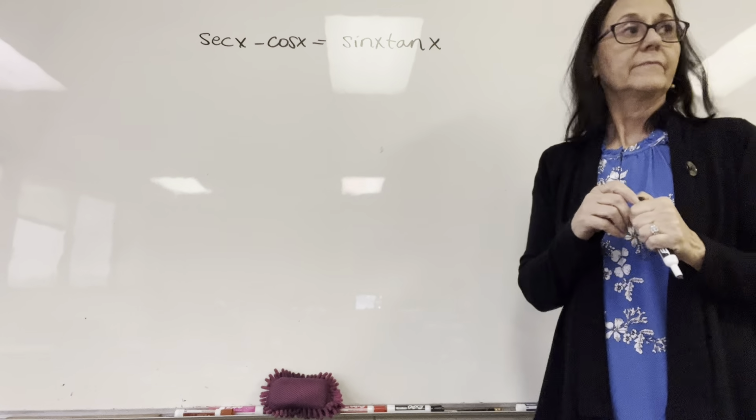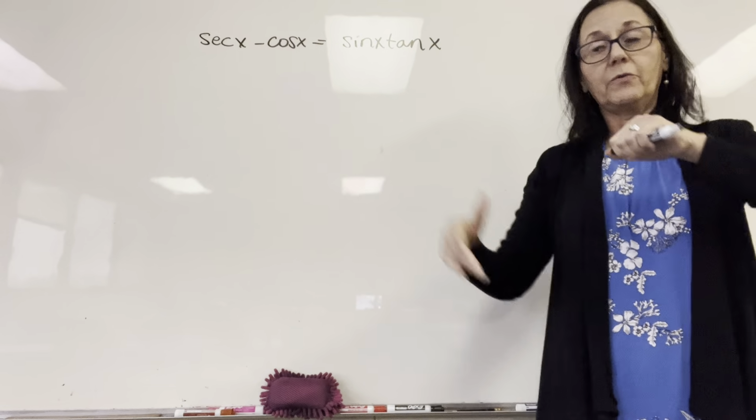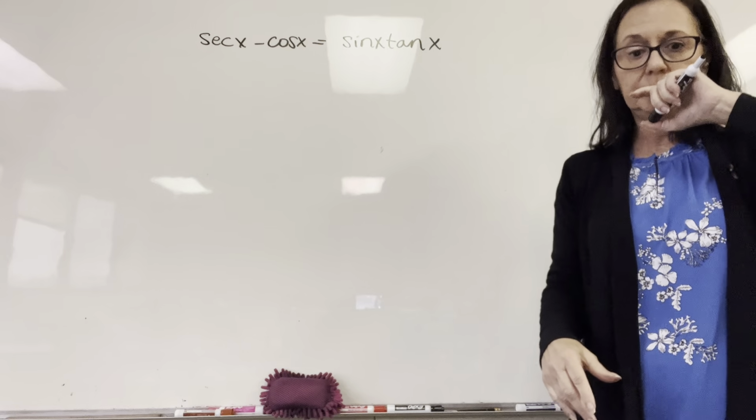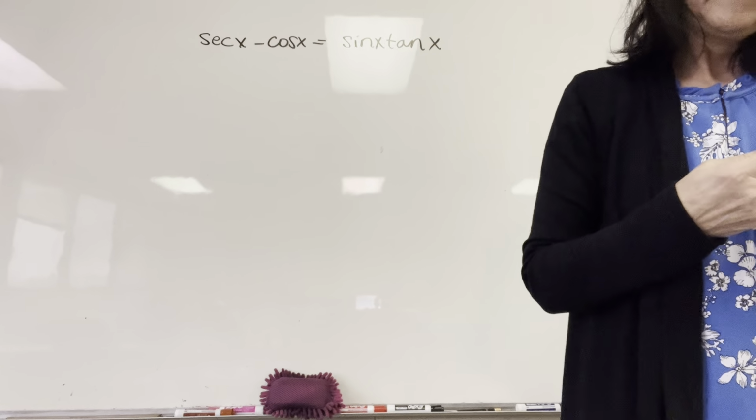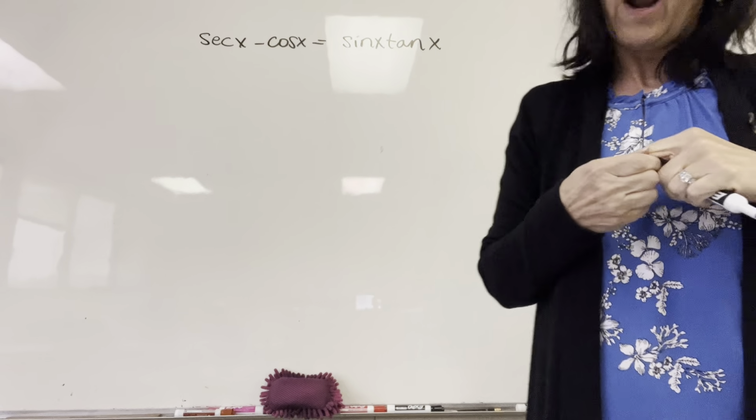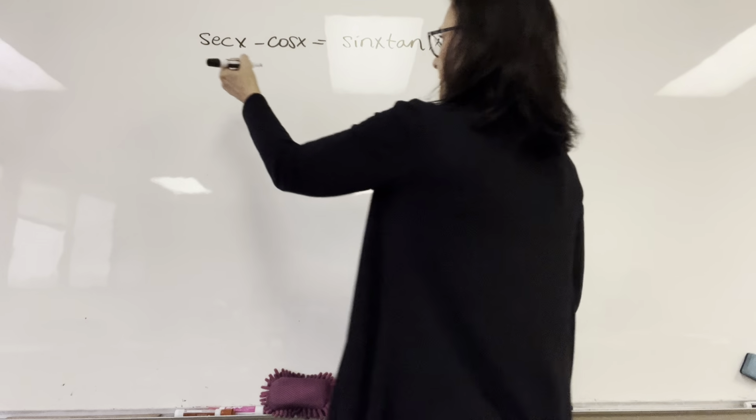The secant side, left. Okay, what do you want to do? 1 over the cosine minus the cosine. Yes, you want to write the secant as 1 over the cosine.